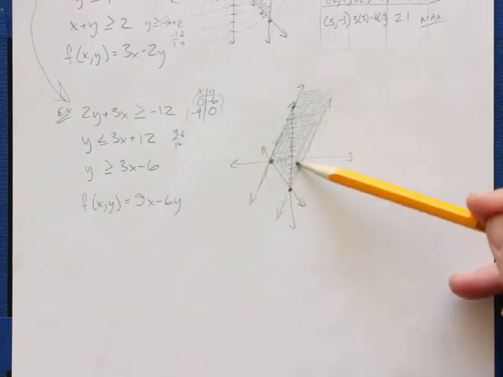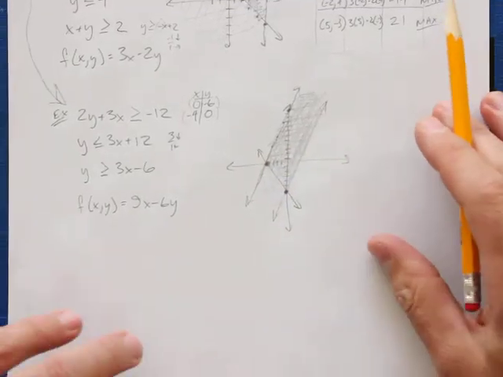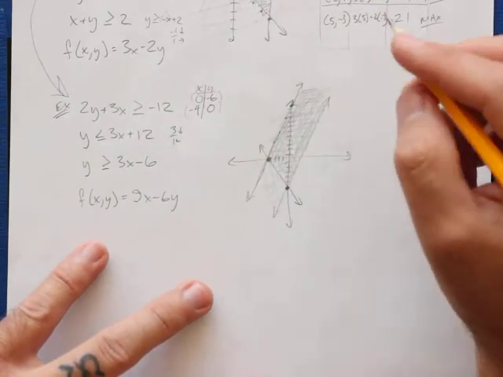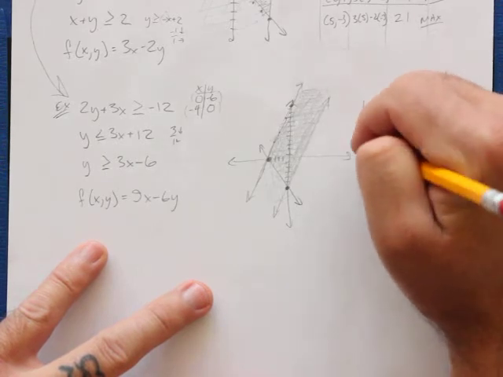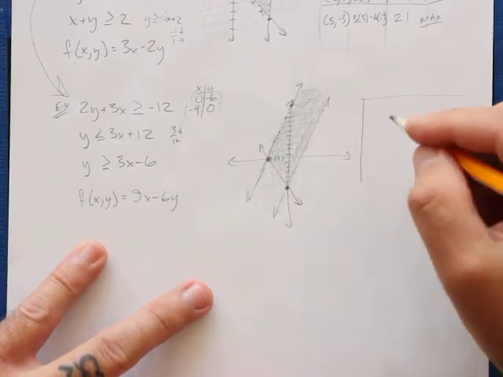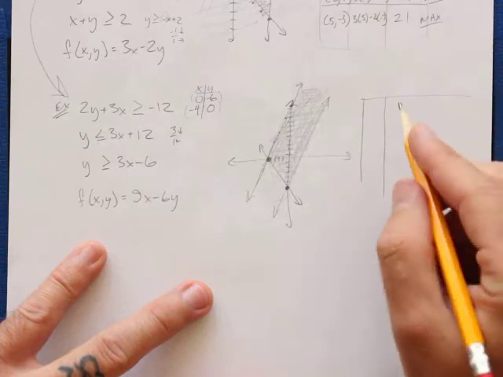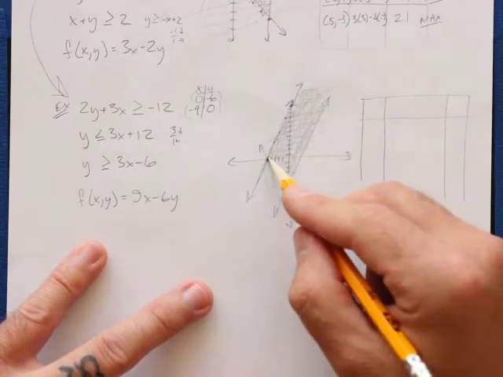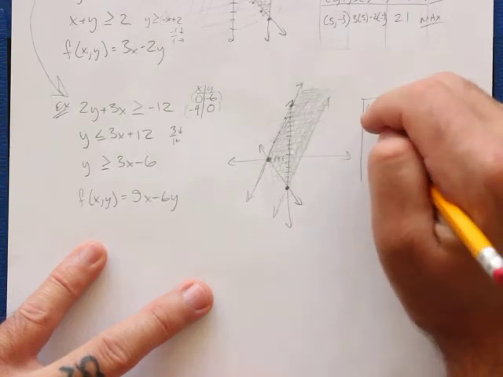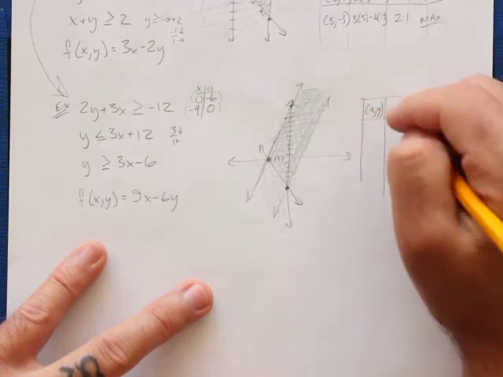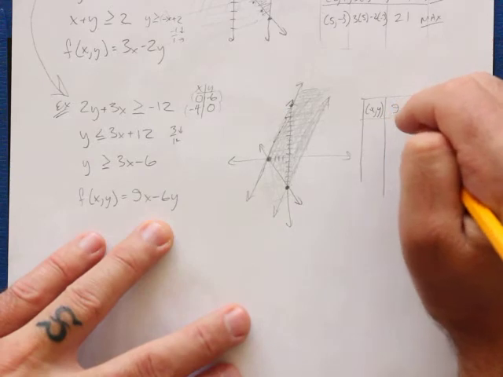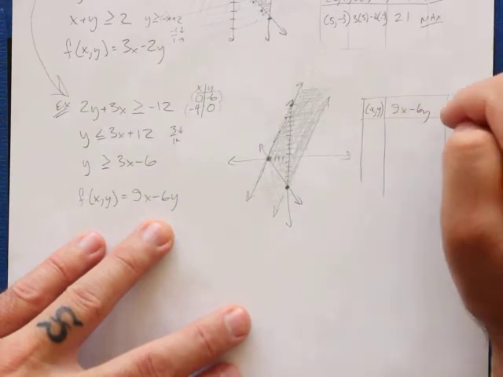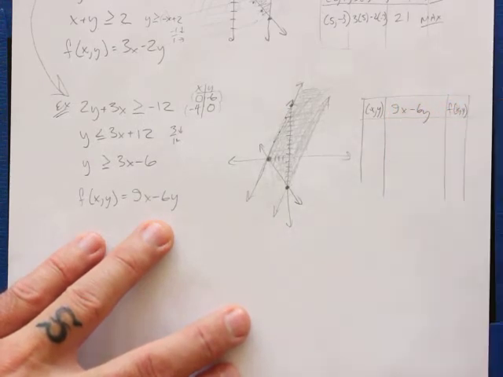And now I want to show you something a little bit tricky here. So here are our vertices that we're going to plug into our chart. And we just have two vertices: x, y, and 9x minus 6y, and f of x, y.